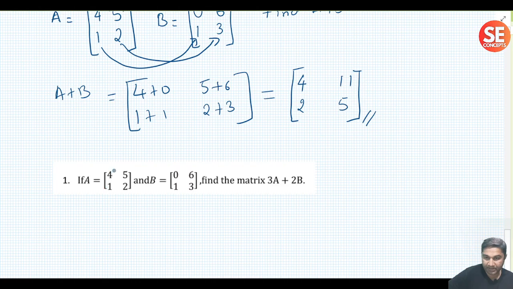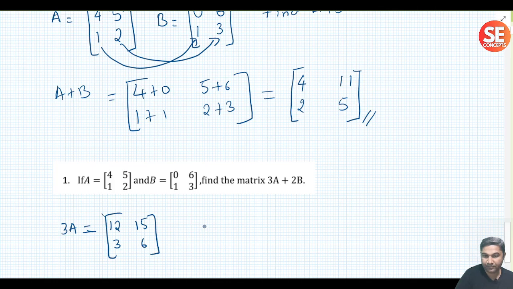That means each element of the matrix we have to multiply with 3. So 3 into 4 is 12, 3 into 5 is 15, 3 into 1 is 3, 3 into 2 is 6. This is one matrix.